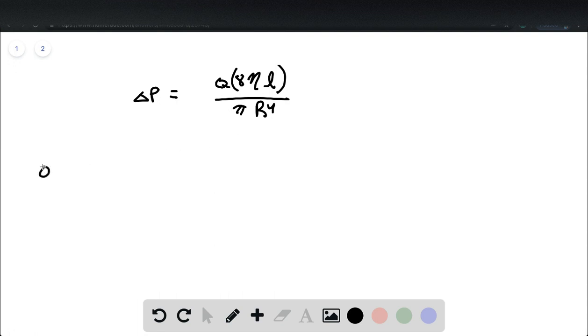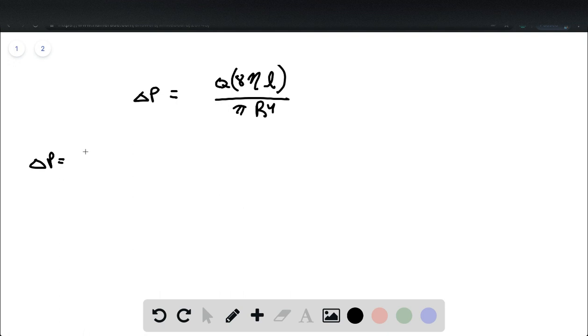We can convert Q from milliliters, or I can just plug this all in. We can plug in all the numbers that are given, but we have to be careful about what units everything is in, so that we get an answer for this pressure difference in pascals, which is a Newton per meter squared. So we want all these quantities in standard international, SI units.